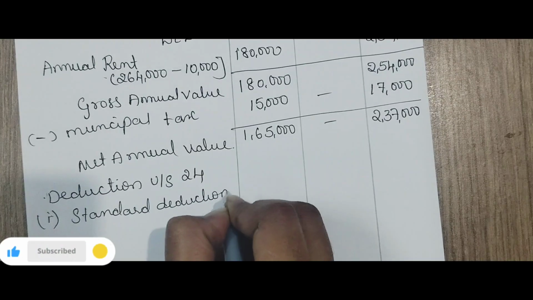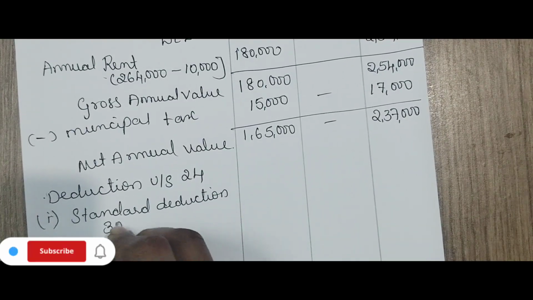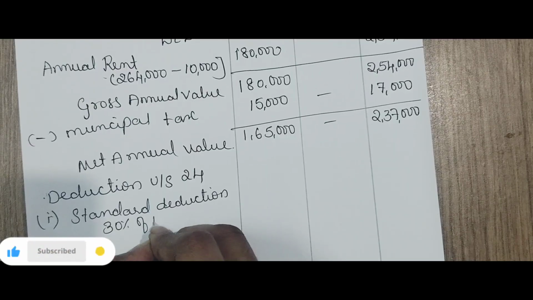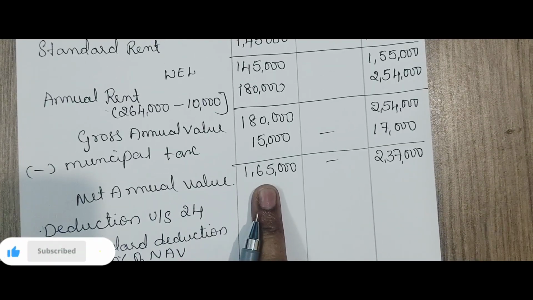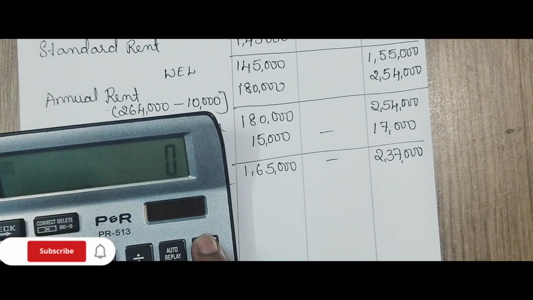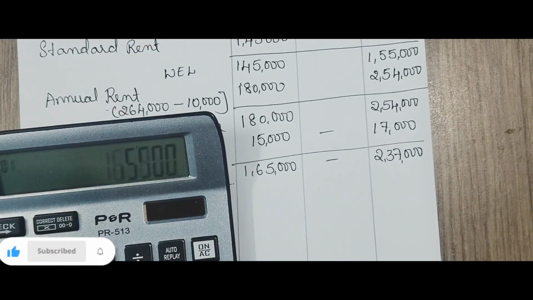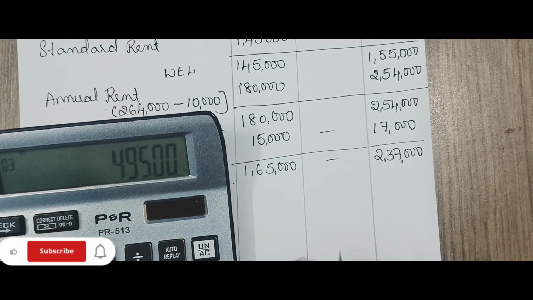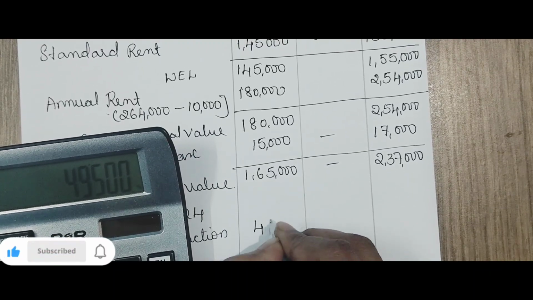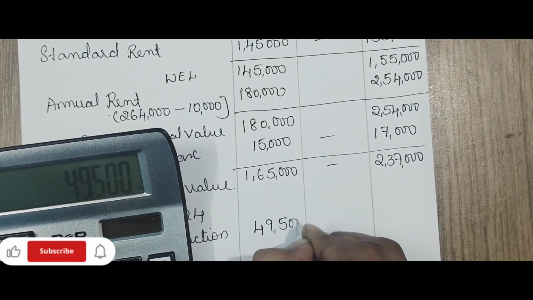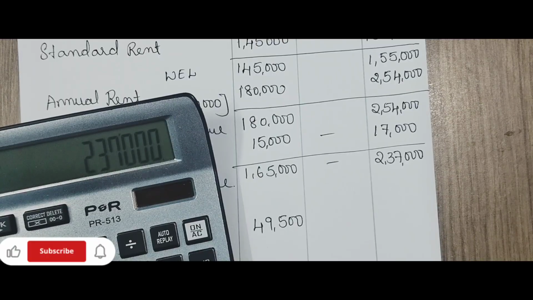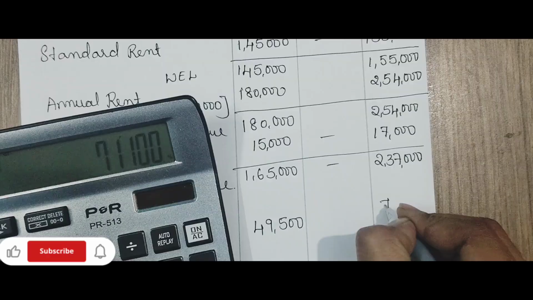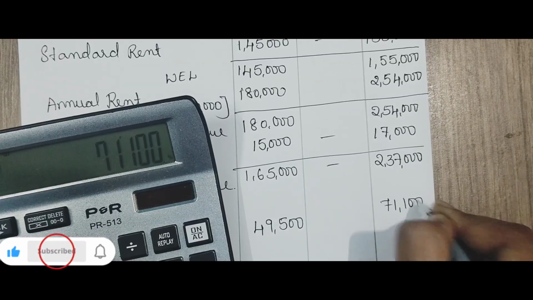Standard deduction is 30% of net annual value. On net annual value, you need to take 30%. 1,65,000 into 30% is 49,500. 2,37,000 into 30% is 71,100.